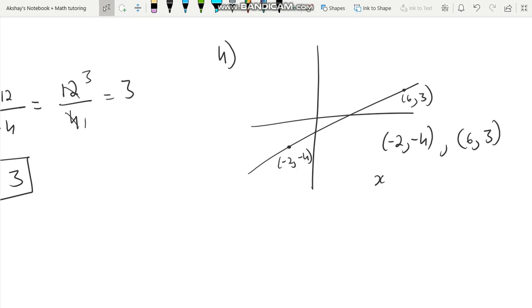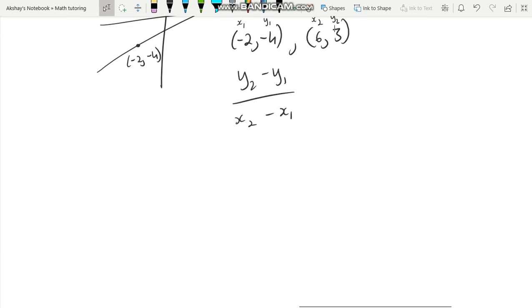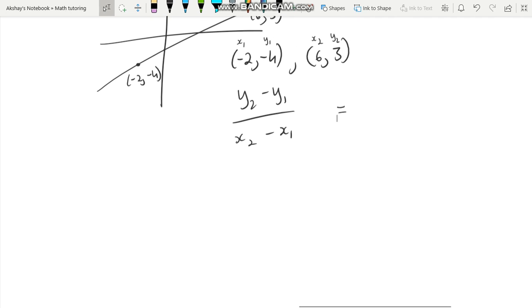Now I can use my formula, of course, y2 minus y1 divided by x2 minus x1. x1 is negative 2, y1 is negative 4, x2 is 6, y2 is 3. Plugging those back into my formula, I have y2, which is 3.